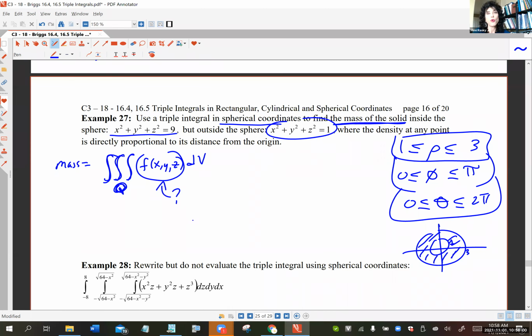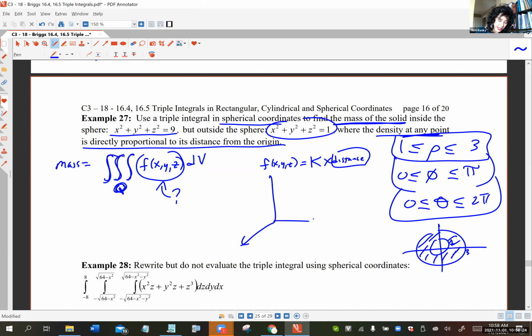So we're going to have to do some work. They gave you some information about it. They said that the density at any point is directly proportional to the distance from the origin. So this f(x,y,z), this density, is going to be some constant of proportionality times the distance to the origin. But what is that?